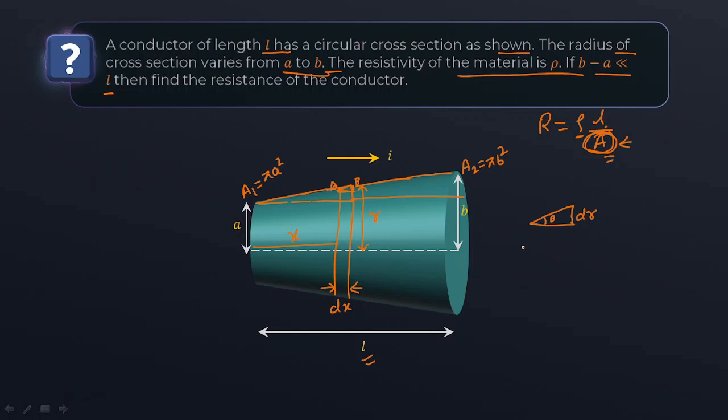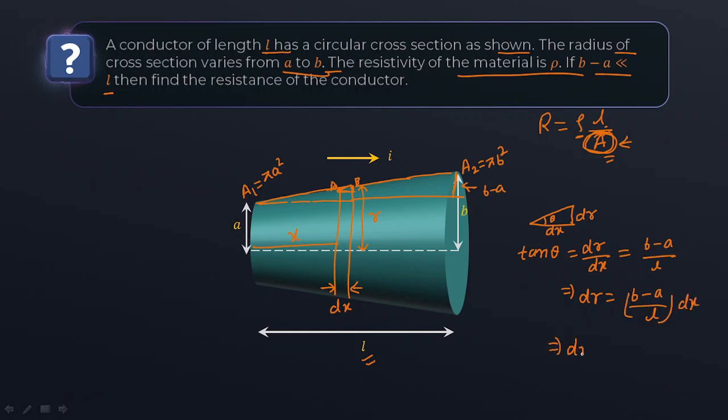So if I want to write tan theta, this length is dx, so tan theta will be equal to dr by dx, and that is from the smaller triangle. From the bigger triangle, this length will be B minus A, so it will be B minus A divided by L. So can I say that dr will be equal to B minus A by L into dx, yes or no?